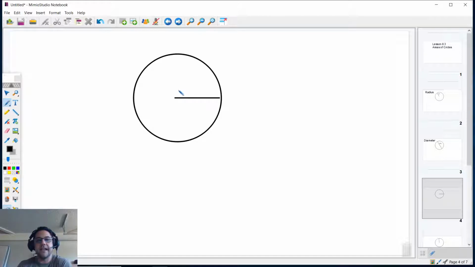So let's say that the radius is equal to just 4 centimeters. Our formula for the area of a circle, remember, is area is equal to pi r squared. So what I'm going to ask you to do is the following. A is equal to pi, we're going to leave it as pi, but our radius is 4 centimeters, so I'm just going to say 4 squared.